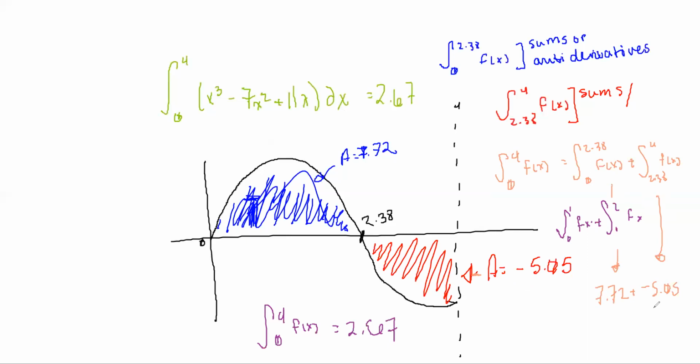This integral turns out to be a smaller number, because consider if this was velocity, then we would be traveling some positive distance, and then we'd be going backwards.